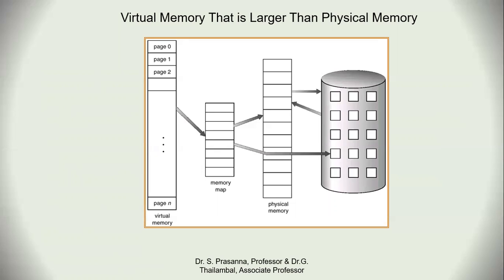Otherwise, it has to go to the backing store and do the roll in, roll out, swap in, swap out process. Whatever page is needed by the user will be swapped from the backing store into the physical memory, and the data is shown to the user. This is how virtual memory mapping with the physical memory happens.